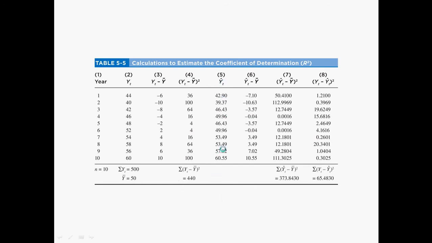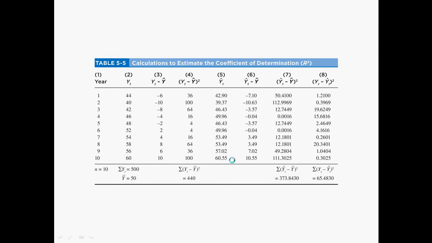Now we've run our regression, we get YT hat, and YT hat predicts sales based on advertising. This isn't the real sales, this is the predicted sales. This is the real sales, this is the predicted sales. So this is trying to match this, and you notice that it sort of does. It's at least close: 46, 49, 48, 46, 52, 49, 54, 53, 58, 53.